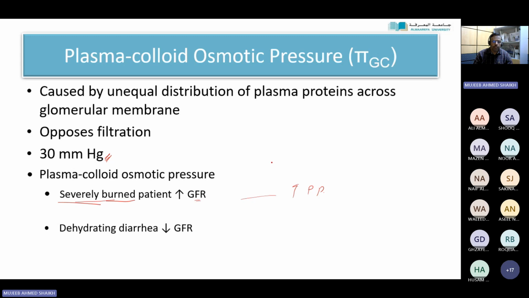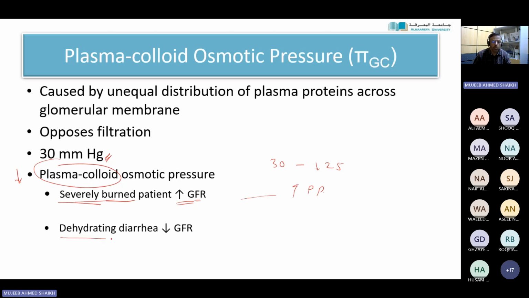If there is a loss of plasma protein, this 30 millimeter will become maybe 20 or 25 millimeter, less. This will cause the opposing force to be decreased. That's why GFR will be increased. So in a severely burned patient, GFR will increase due to what? Decrease in plasma colloidal osmotic pressure.